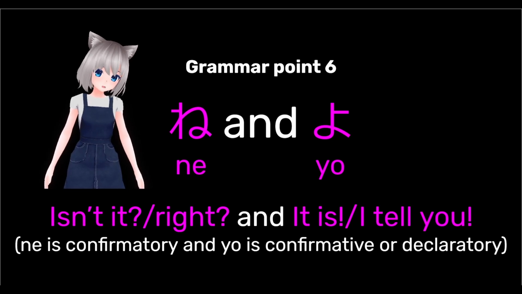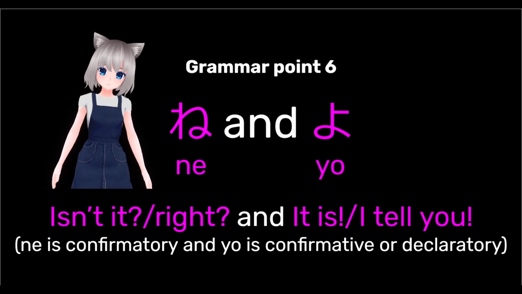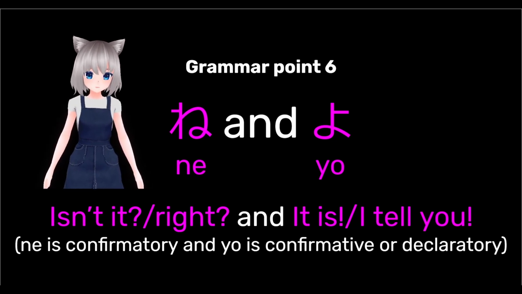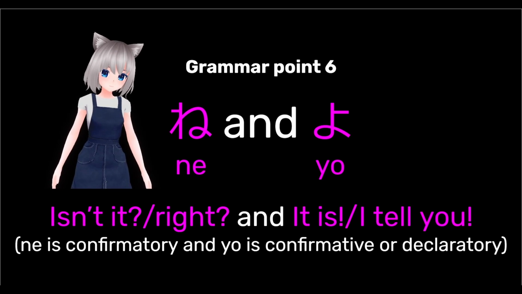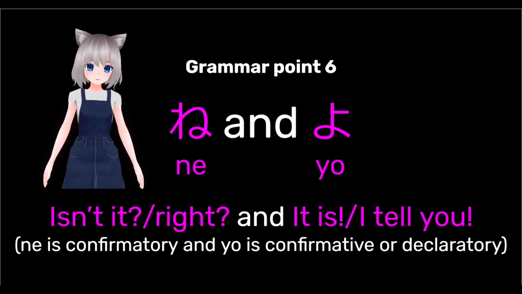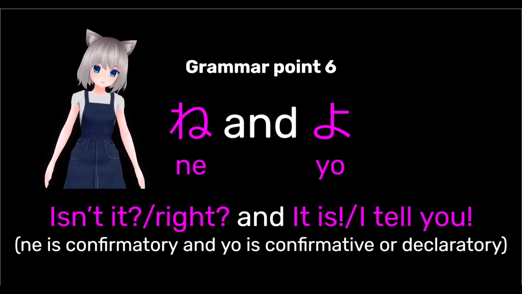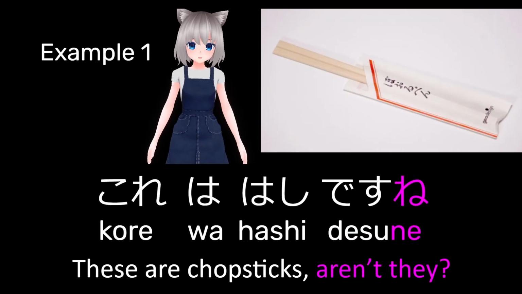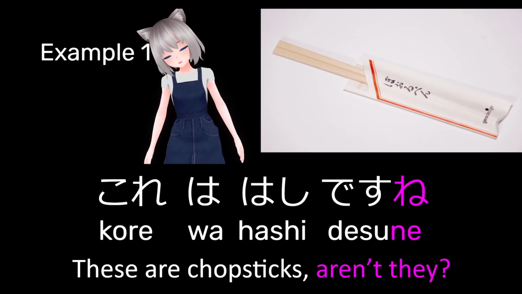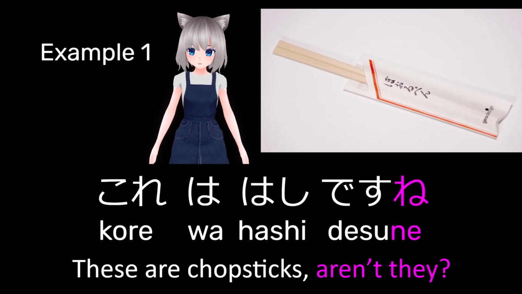Then lastly, I did a video of ne and yo as well. Isn't it right? Or it is? Like I tell you, I know that it is yo. Ne is a confirmation. And yo is a little bit like, oh, I know that one. I will let you know the information that you don't know. For example, これは箸ですね。These are chopsticks, right?